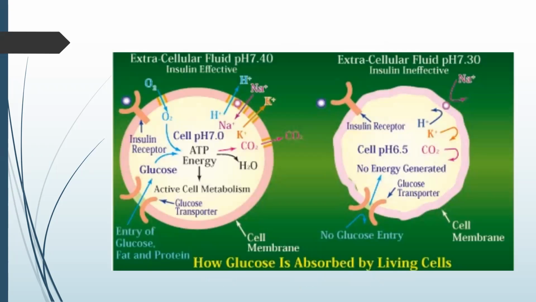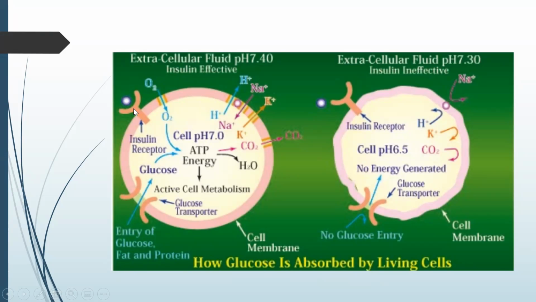So this is a picture I would like to share about cell metabolism. You can see that the left side is the healthy cell, which is insulin effective. You can see here that the extracellular fluid is 7.4, which I've mentioned just now, is the optimal pH for our cells to carry out cell metabolism. Like what Dr. Frida mentioned just now, insulin helps our cells absorb the glucose, the fat, the protein.